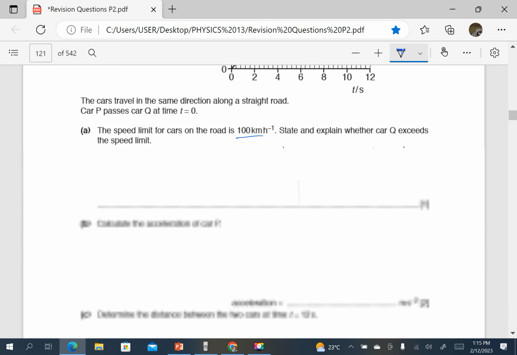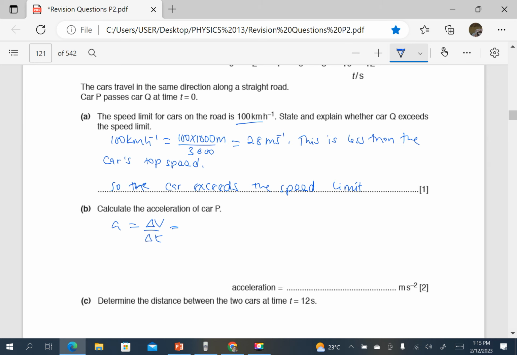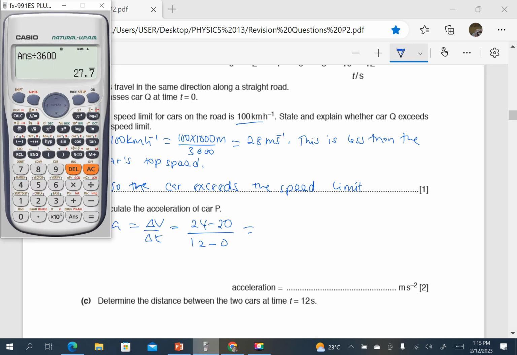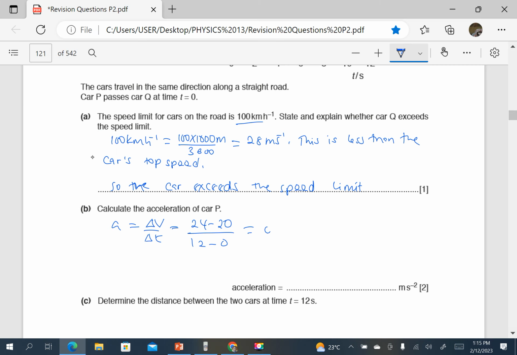So that is 24 minus 20 divided by 12 minus 0. So 24 minus 20 divided by 12 is 1 over 3, that is 0.33.